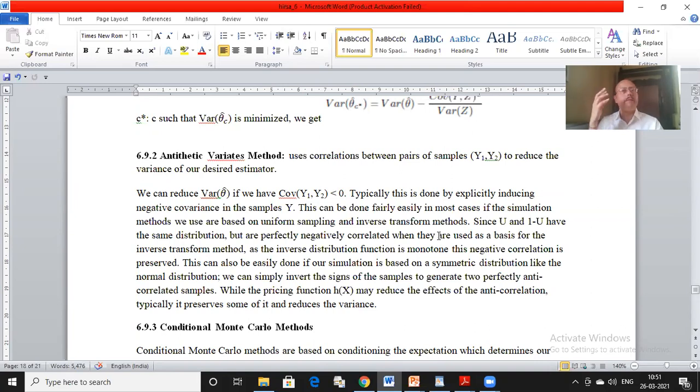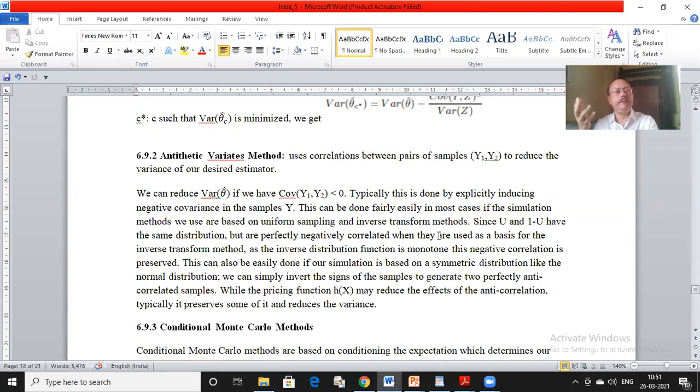Inverse transform method is typically monotonic. So the negative correlation between U and 1 minus U will be preserved even after transformation, after F inverse of U and F inverse of 1 minus U is computed. So I get a pair of random numbers from the target distribution which are negatively correlated.